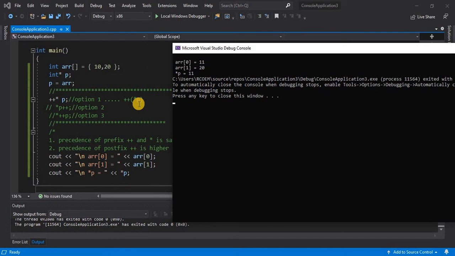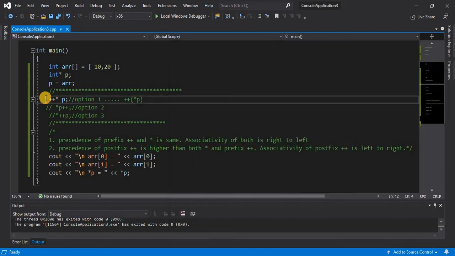So *p represents the value of the 0th element, that is the first element, that is 10, and it is incremented by 1, that is 11. So ARR 0 is now 11, *p has the value 11, whereas the second element, that is ARR 1, is 20 only. So this is how it works.